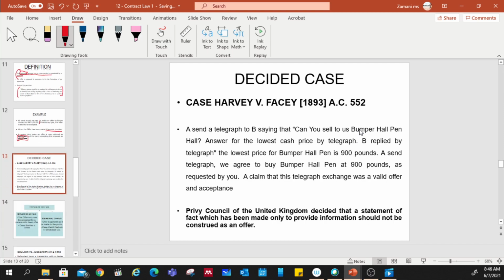Okay, so in these slides, there will be lots of cases used as examples for whether an offer is made or not, because these are cases brought to court to be decided, and these are examples of how you can see that these cases have been completed, whether there is an offer or not.